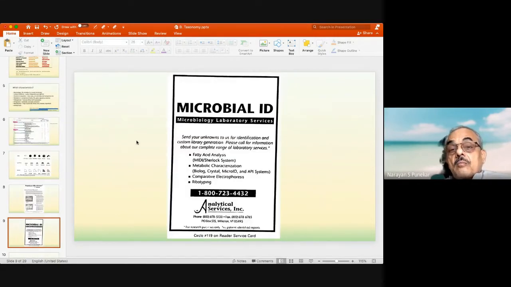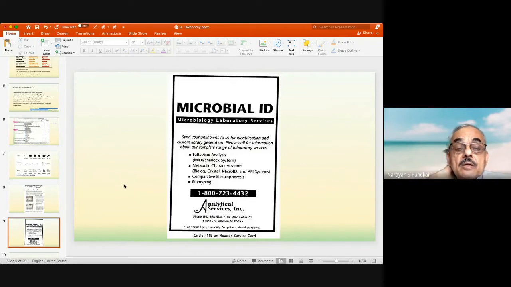Another company called Microbial ID provides analytical services, which measure fatty acid, do fatty acid analysis of the organism, and also do biological metabolic characterizations like Biolog, Crystal, MicroID, API system. It does comparative electrophoresis, ribotyping. All these things are done to classify the organisms. I hope you understand.